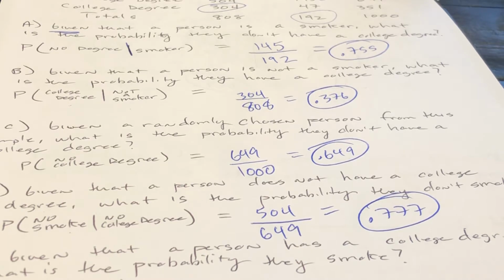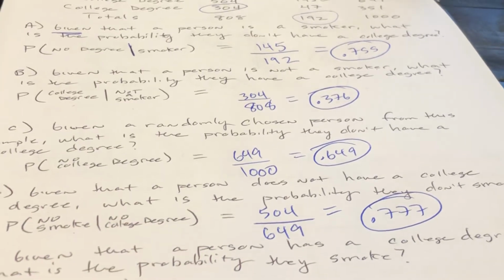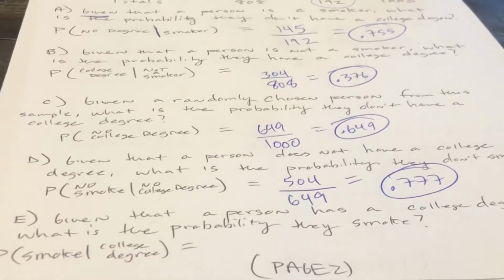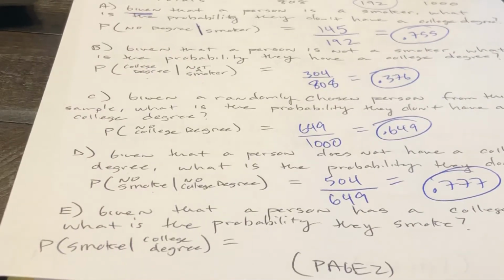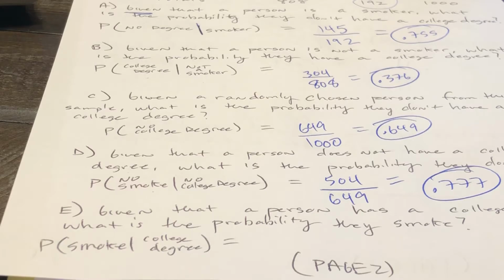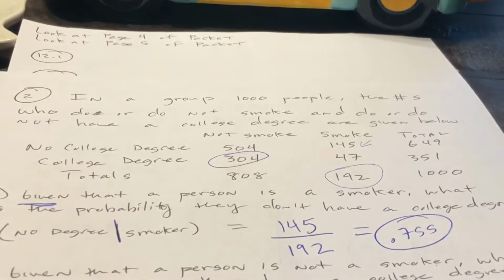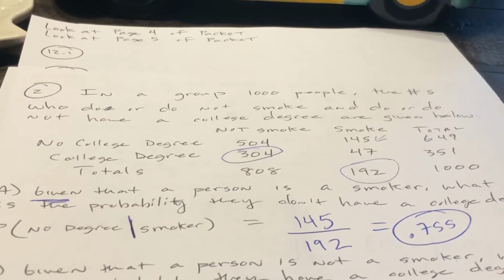Yep. Okay, cool. Given that a person has a college degree, what's the probability that they smoke? So what's the probability that they smoke given that they have a college degree? Right, all your probability statements like that. So probability that they smoke given degree. So first off, we're looking at college degree.